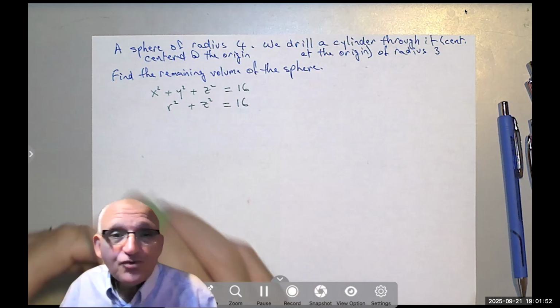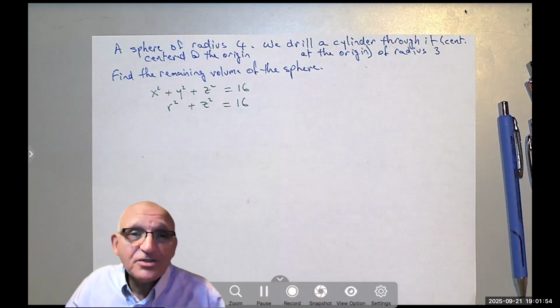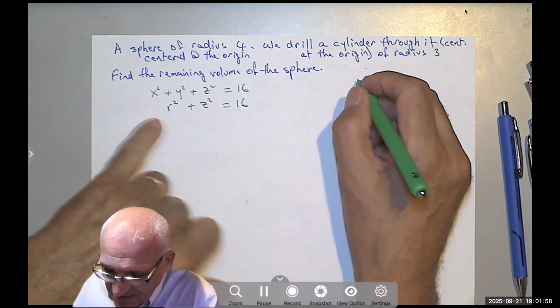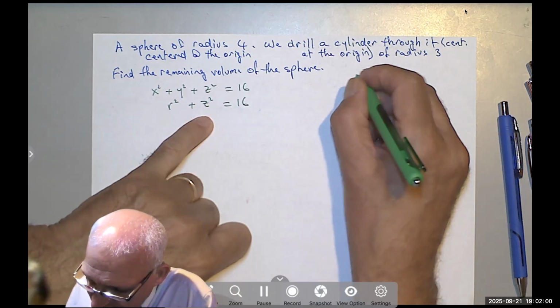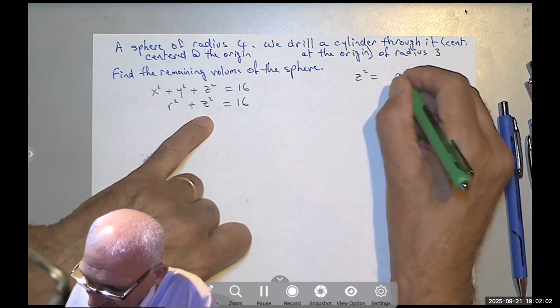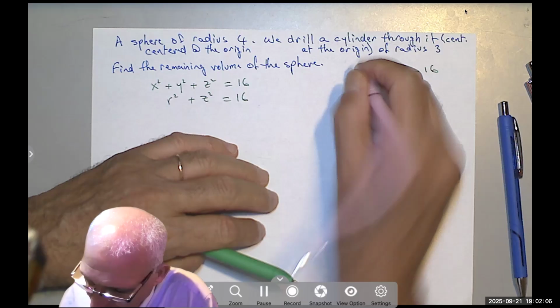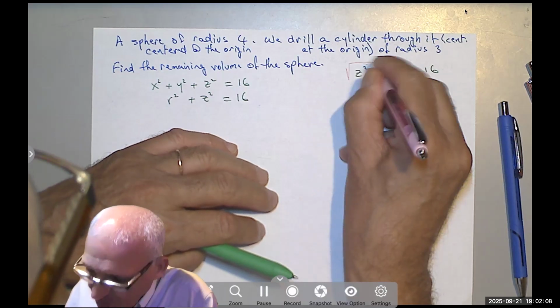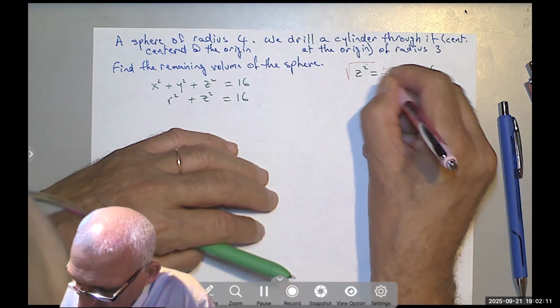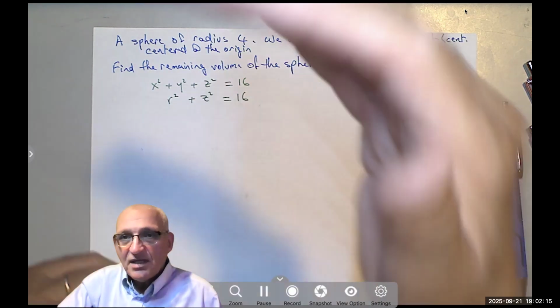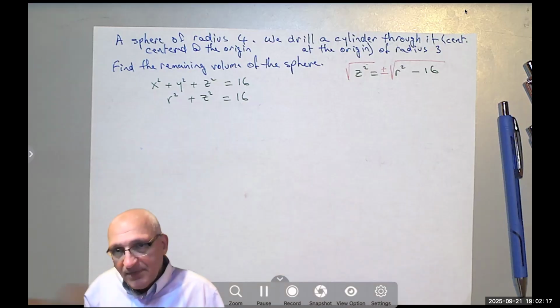So I have to rewrite z in terms of r and theta. From here, if I subtract r squared from both sides, I get z squared equals 16 minus r squared. Then I take the square root of both sides, and be careful: when you take the square root of the right-hand side, you say plus or minus, because you have a top half of the sphere and a bottom half of the sphere.